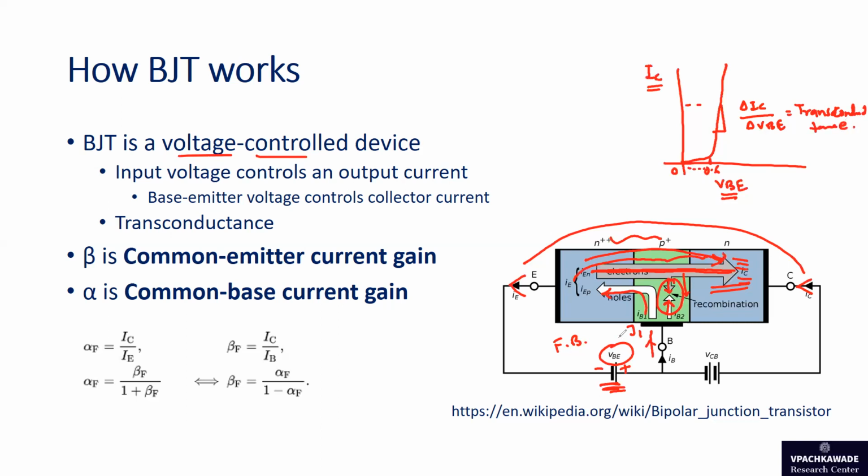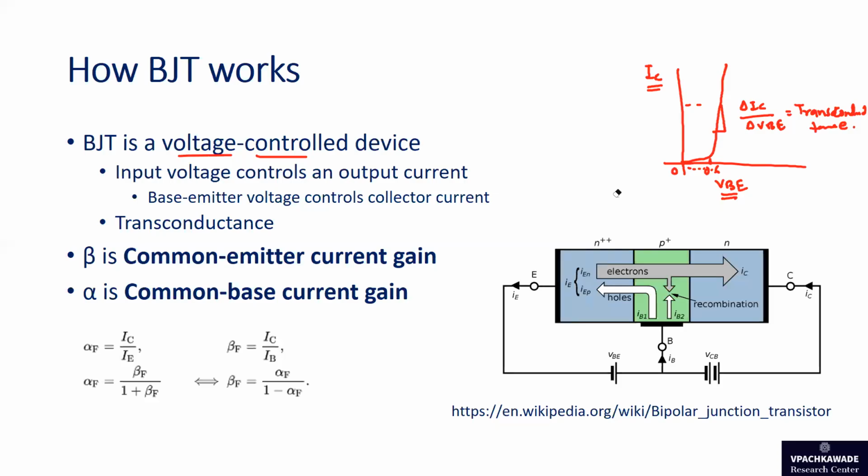Now there are two important parameters that we will define right here. One parameter is called beta, which is called the common emitter current gain. Beta is defined as the ratio of collector current to the base current.